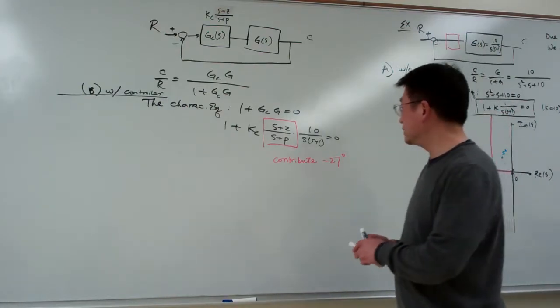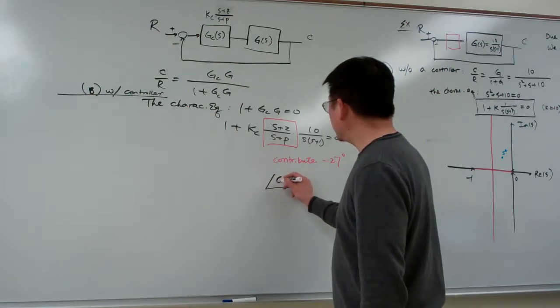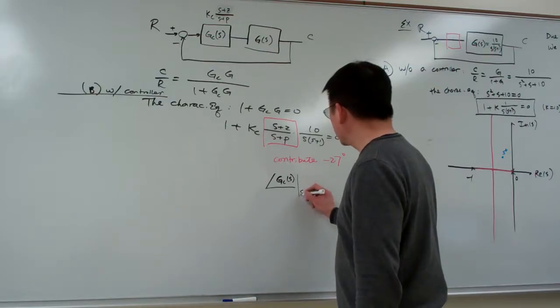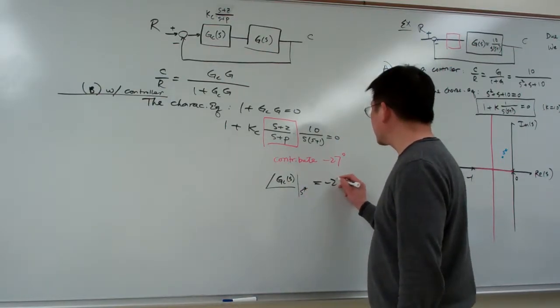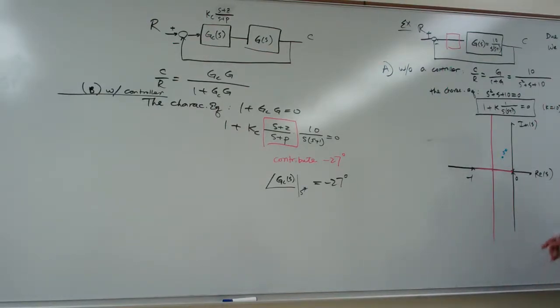So that means the angle of the GC at s star equals minus 27 degrees. From here we can quickly make conclusions: the discrepancy of this one from the design is contributed by the controllers.